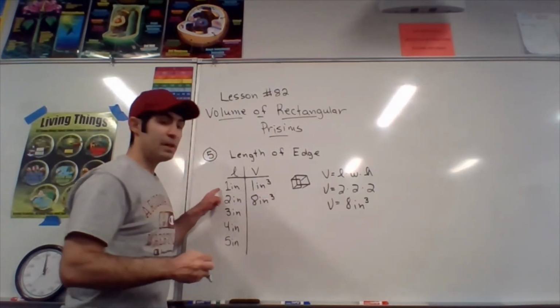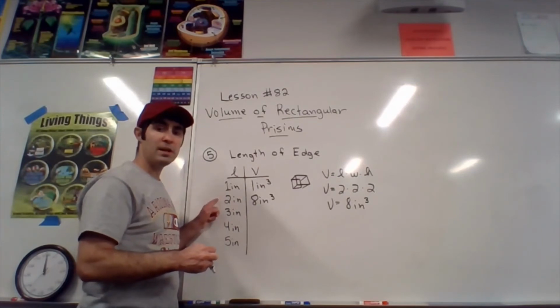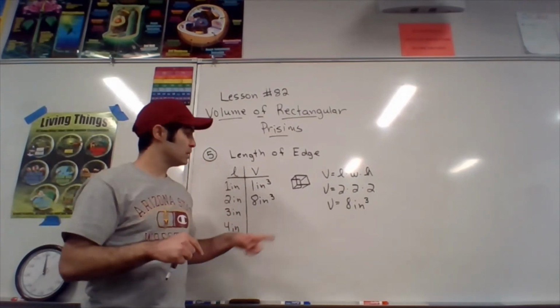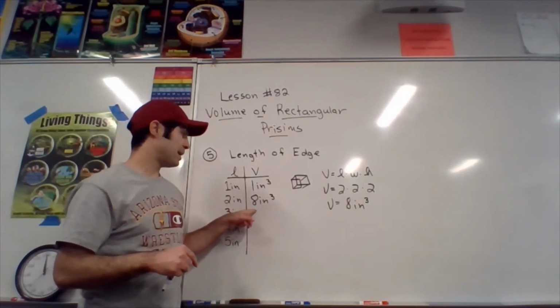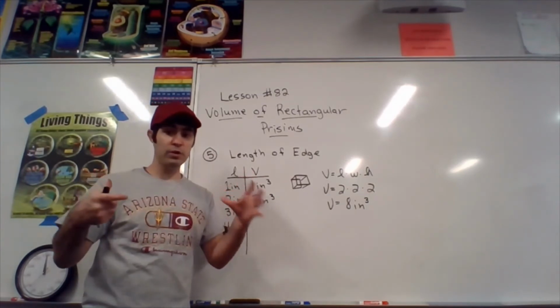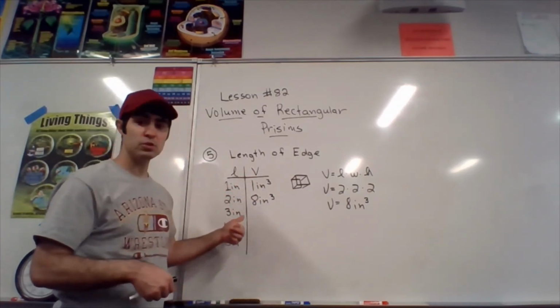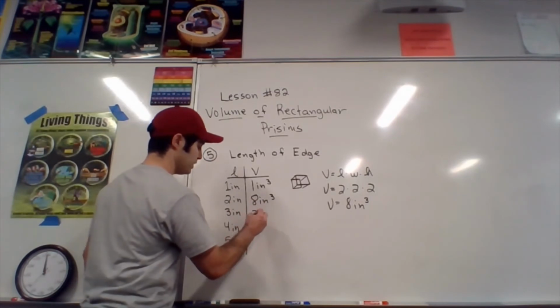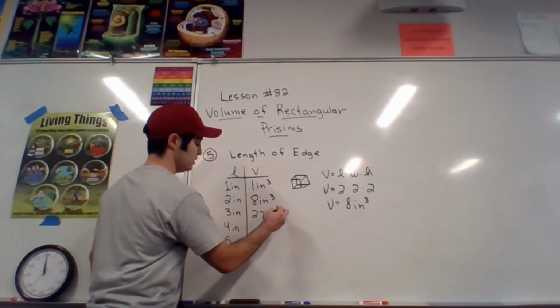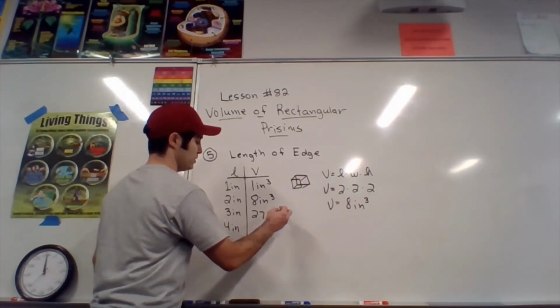Notice that when the length increases only by 1 inch for all the edges, we have exponential growth for the volume. Okay, so this would be 3 times 3 times 3, which would be, of course, 27 inches cubed.